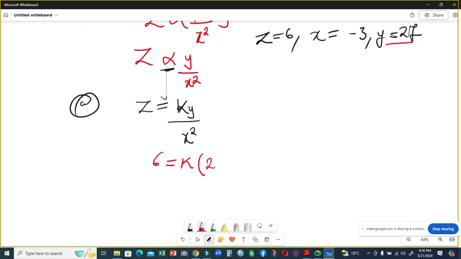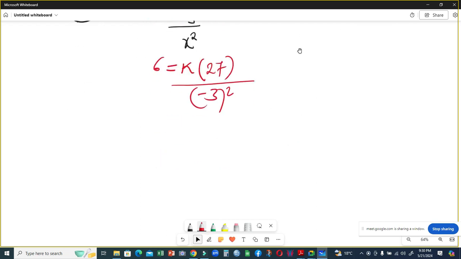So we shall put 27 over x, which is -3, so -3 squared. Let's continue simplifying here. We have 6 is equal to k times 27, which is 27k over -3 squared, which is 9.